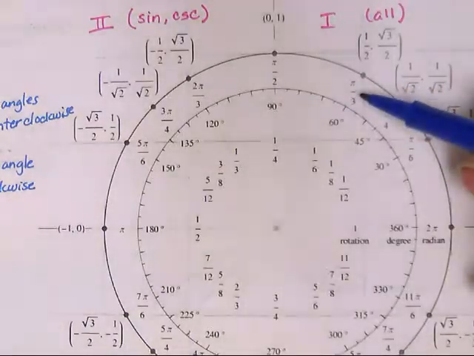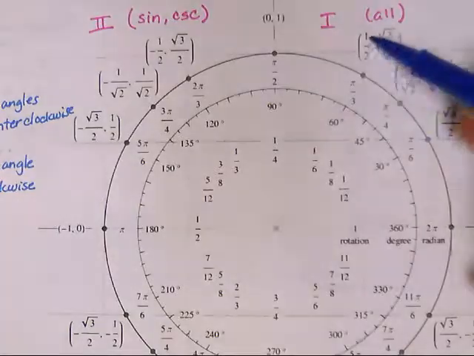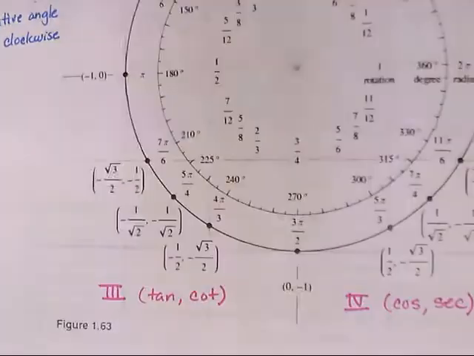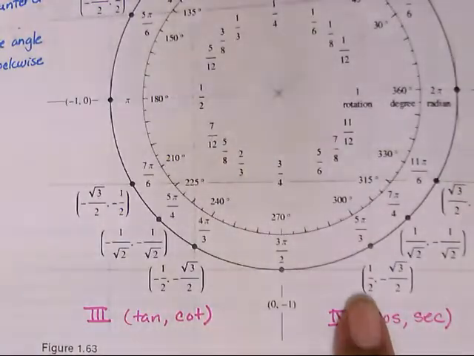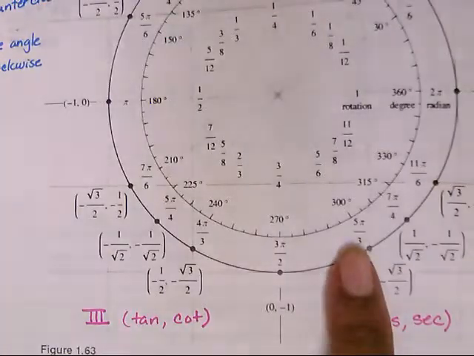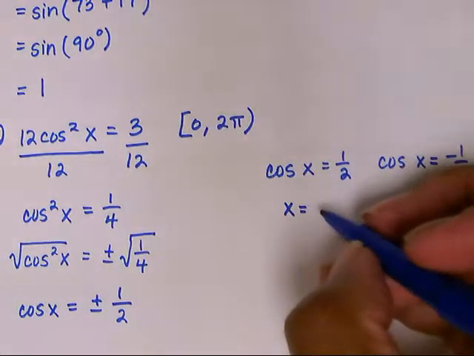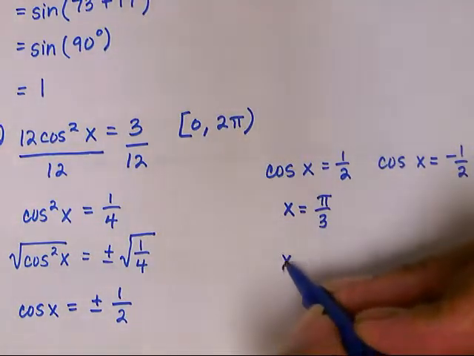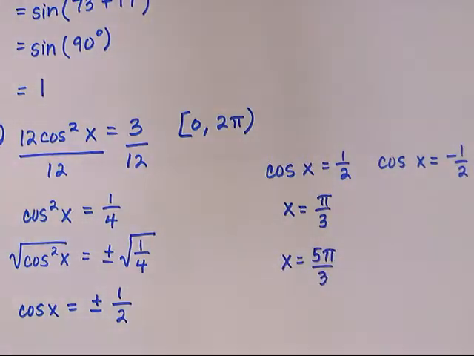So in this case, one value where the cosine is going to be 1/2 would be pi over 3. Another one would be, if you look down here, where you got 1/2 as the x-coordinate, that's the cosine. That angle is 5 pi over 3. So here I got pi over 3 as 1. And the other x value is 5 pi over 3.